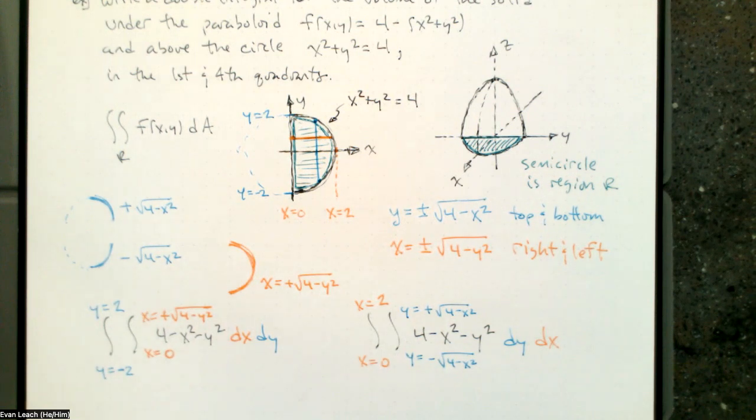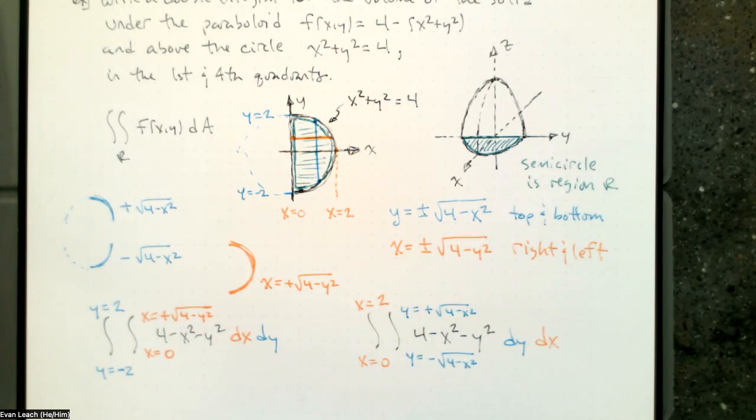So it looks a little bit different depending on what half we're going after. In each case, there's one that's being cut in half.